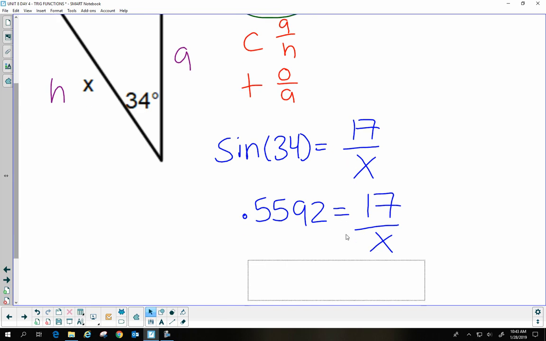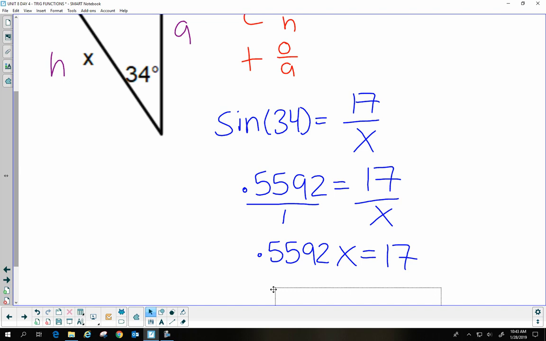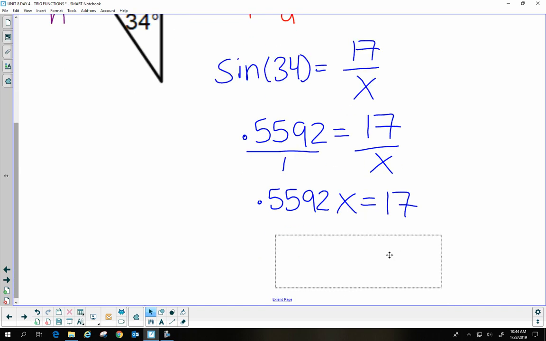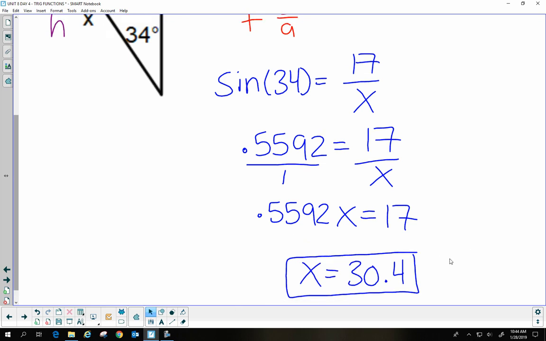I'm going to multiply both sides by x here, or we can consider it cross multiplying. But what I get here is 0.5592x equals 17. Divide both sides by that 0.5592 and find out the hypotenuse is 30.4 long.